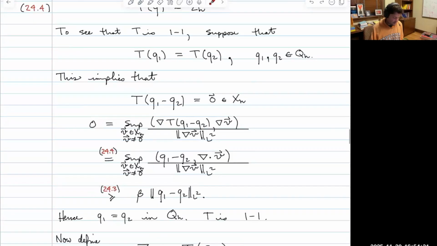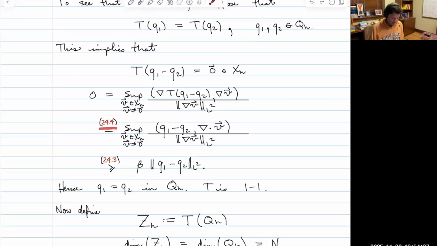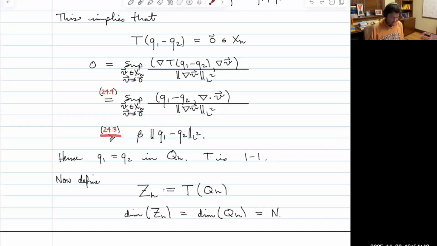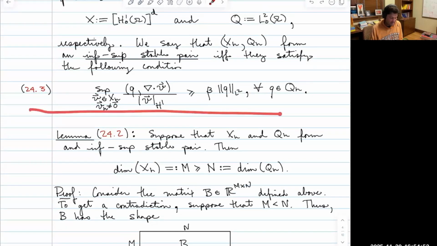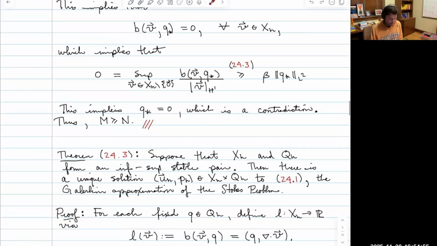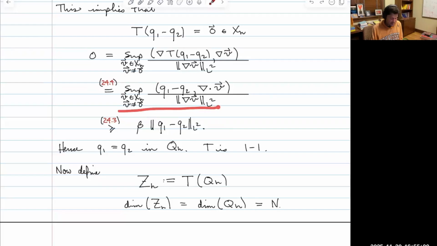Now, what do we have? Equation 24.4, that's my definition of T. That's where we applied it there. Now we go on to 24.3. That is precisely the Inf-Sup condition. It's the Inf-Sup condition for the pair XH, QH. So the Inf-Sup condition says that, but now, based on this construction, we see that 0 is bigger than or equal to b times the L2 norm of Q1 minus Q2.